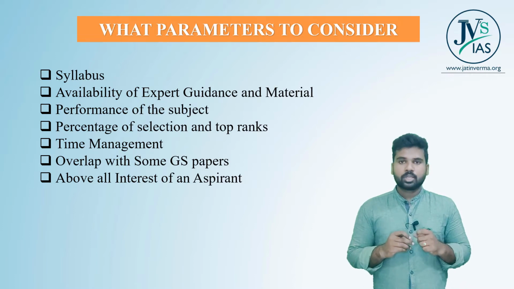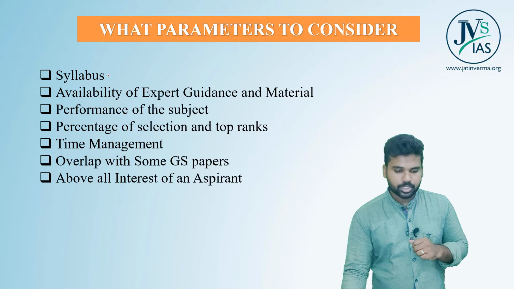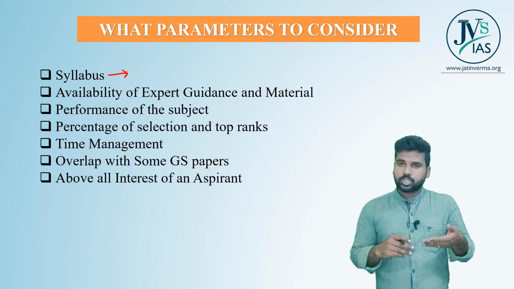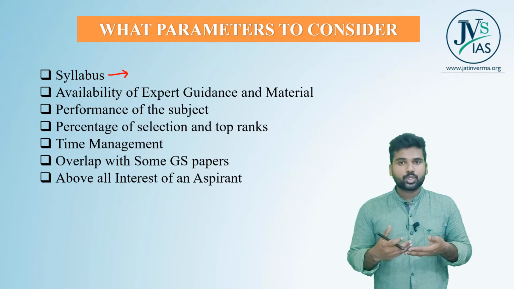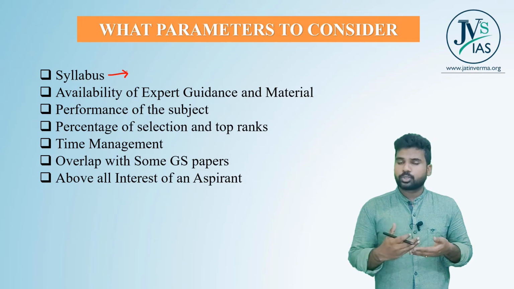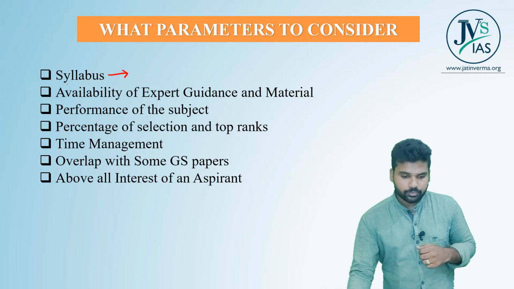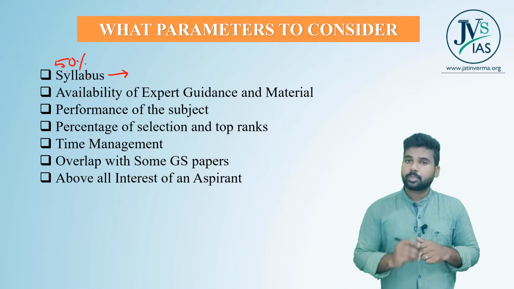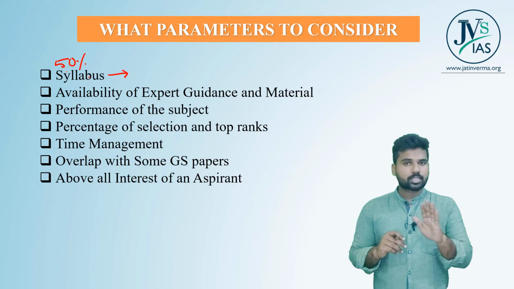For this, the first and foremost one is the syllabus of your optional subject. Just go through the syllabus of these optional subjects in which you have some interest or in which you have some idea. In this given syllabus, at least if you are familiar with 50% of the syllabus, okay, that means that subject is a prospecting subject for you.